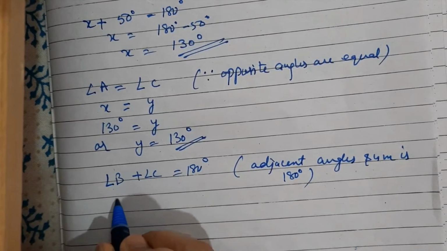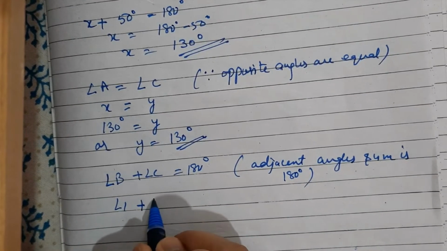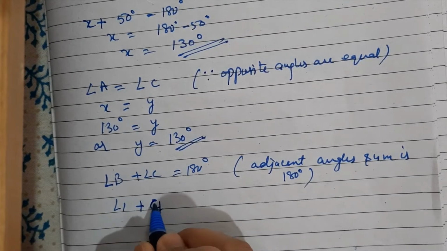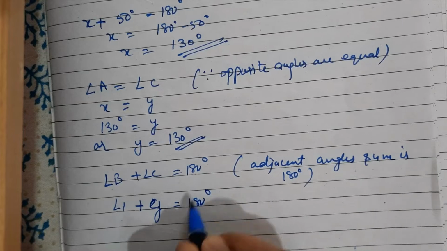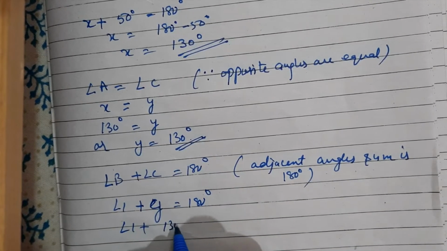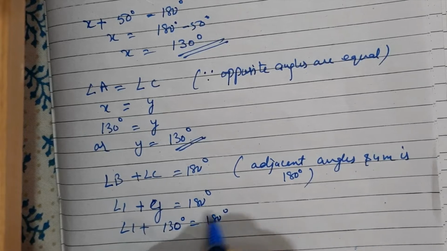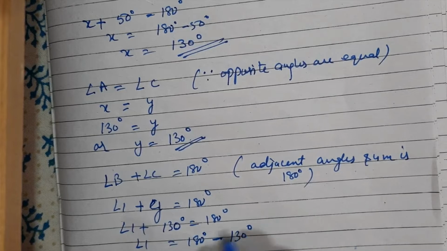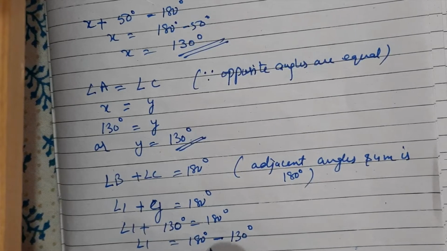B is marked as angle 1, plus C, which is y, is equal to 180 degrees. y is already calculated. Angle 1 plus 130 degrees is equal to 180 degrees. Angle 1 is equal to 180 degrees minus 130 degrees. Angle 1 is equal to 50 degrees.